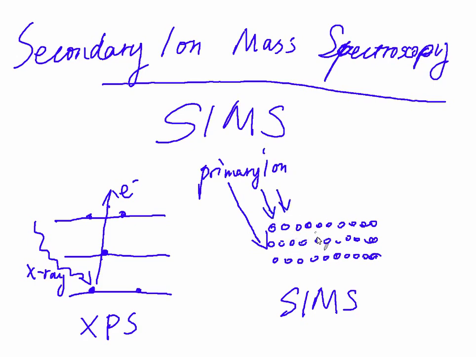Instead of X-ray, primary ion particles are incident on the material surface, and the secondary ion particles will be ejected from the material surface and be detected by some detector.